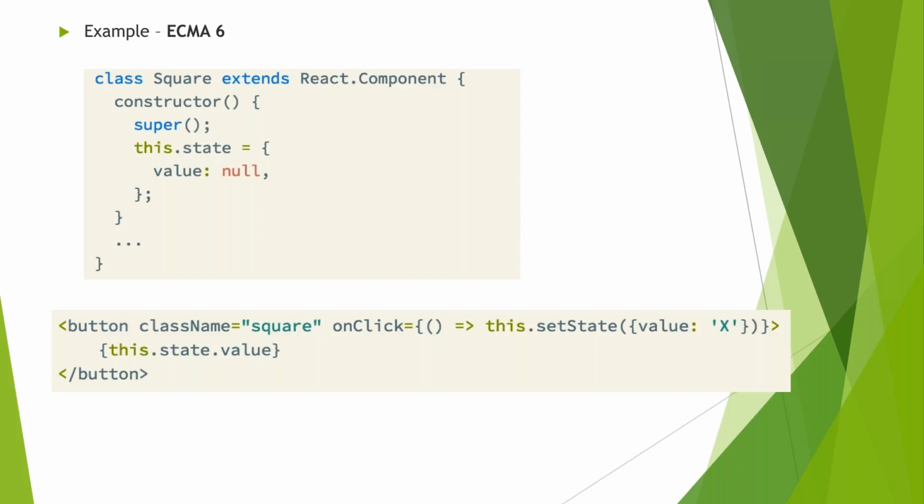So as soon as you write a set state on any of the state variable, React will set the value with the new value that you have provided, and it will call the render function of that component again. So suppose in this case, inside the render method, I'm creating a button and the value is this dot state dot value. On click, I'm setting the value as x.